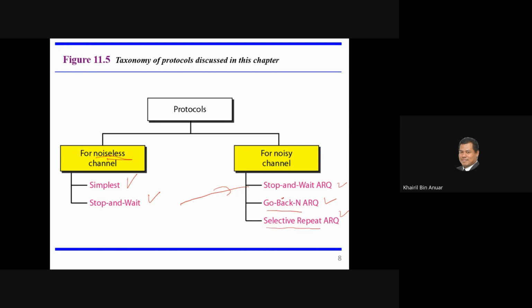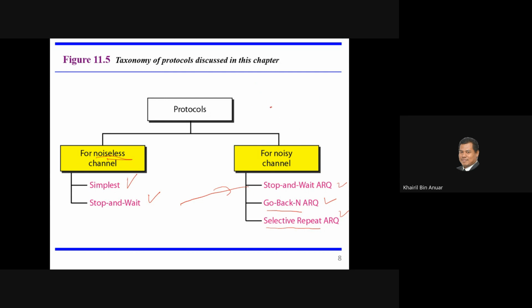The idea of the first one is that when you have a packet to be sent, you wait for the acknowledgement, and then the sender can discard the packet and the receiver can process the packet at the receiving end, and then send the next packet. So that is stop and wait.